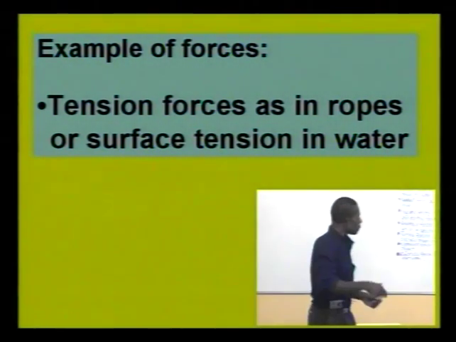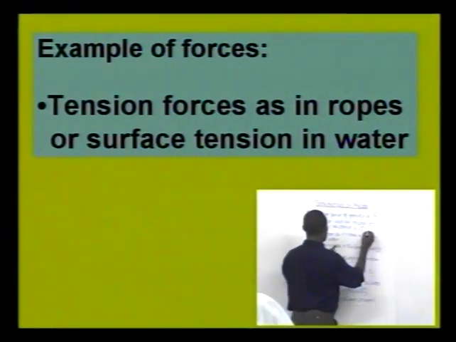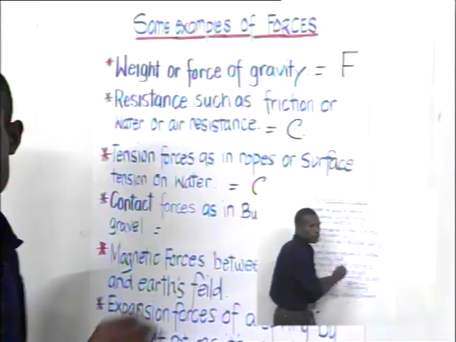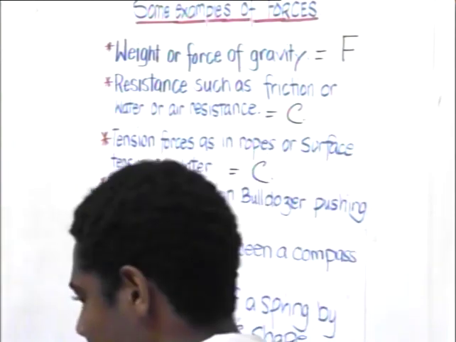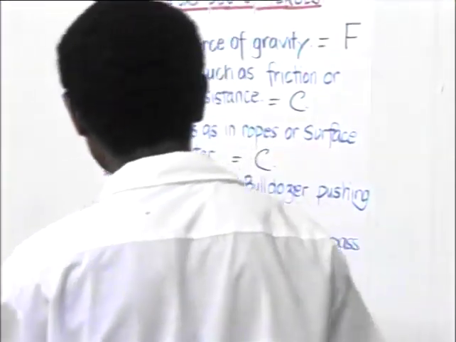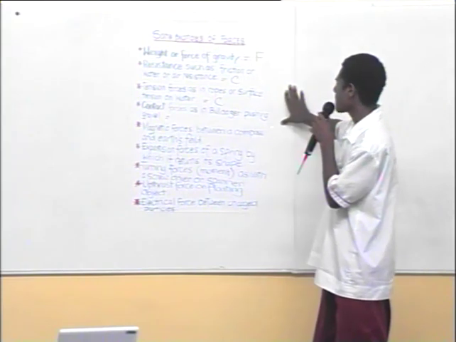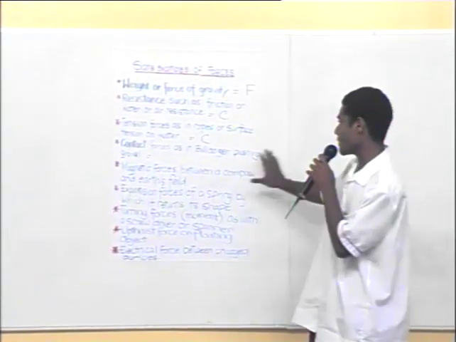We will have Sulaiman explain. To identify whether we are working with a field force or a contact force, we must first identify the object and what sort of force is acting upon it.